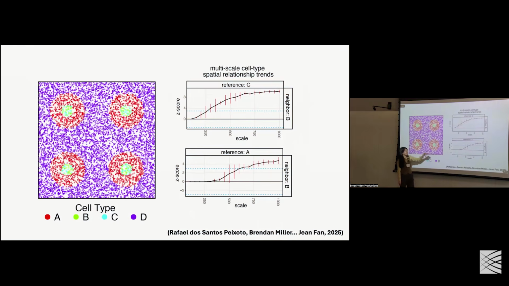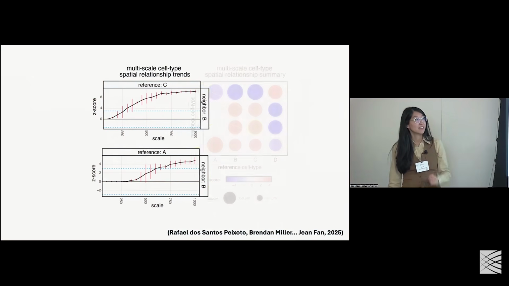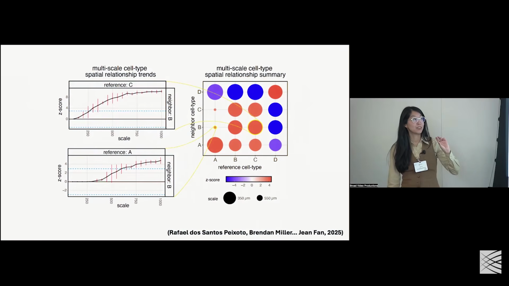So that's all just to say, again, B and C co-localize, and arguably A and B also co-localize, but they just co-localize at these different scales. So whether we consider two cell types as co-localized or not might be a function of the various scales we're evaluating.